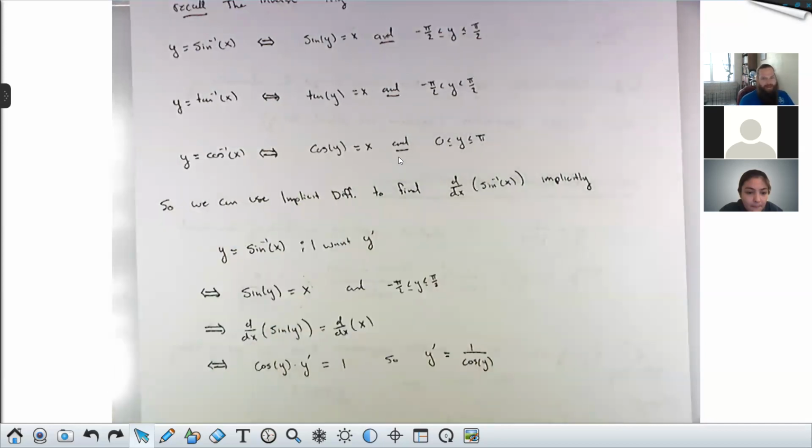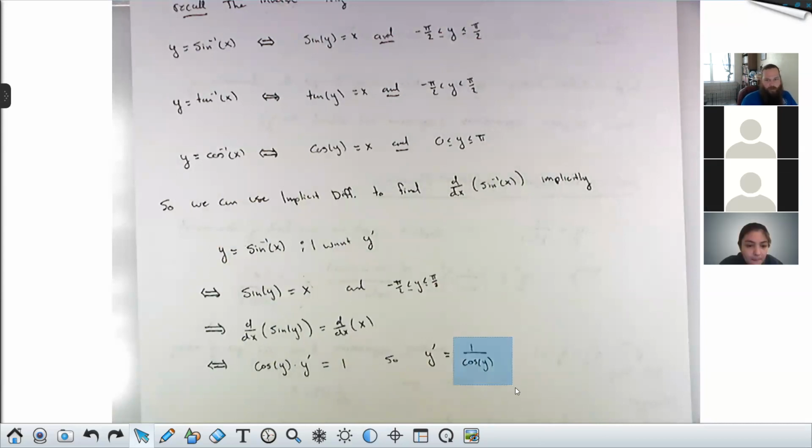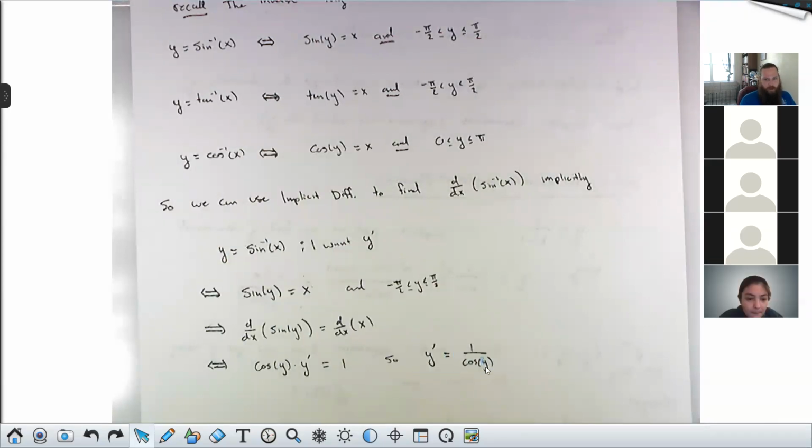But that is not super satisfying, is it? So what I want to do is rewrite this as a function of x. I would like to get an explicit form for this derivative that doesn't depend on y. And the only way I can do that is to rewrite cos y using a triangle.